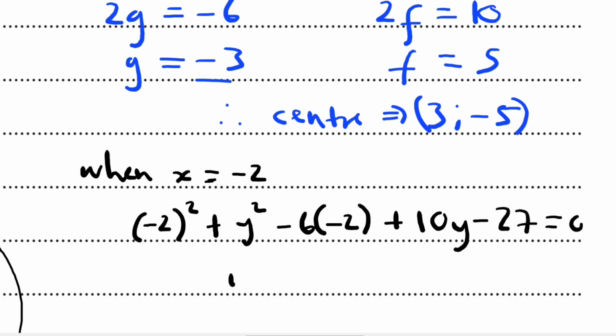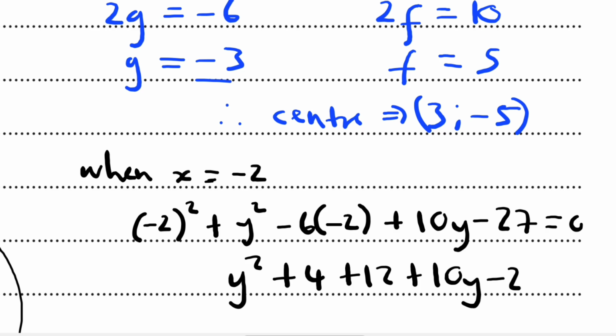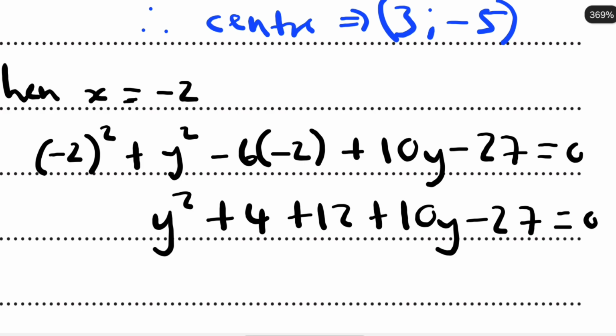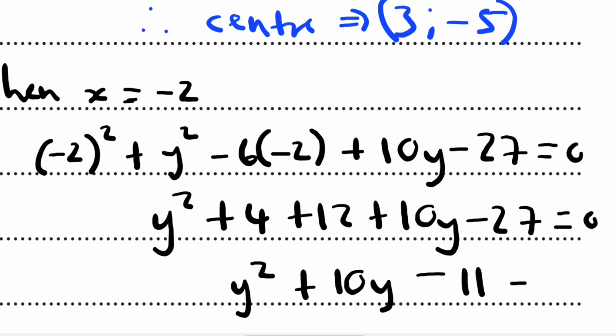And this will give us y squared plus 4 plus 12 plus 10y minus 27 equals 0. And this will come down to y squared plus 10y minus 11 equals 0.